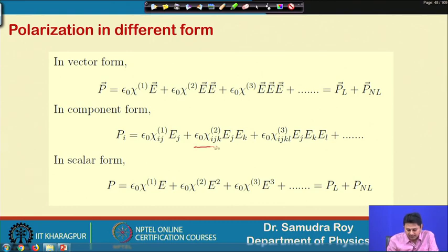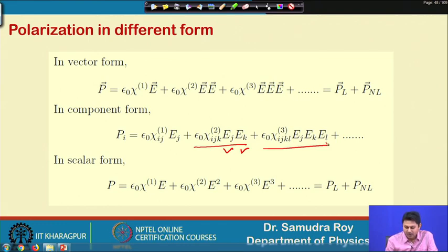In the second term, we have chi ijk. When it is ijk, it should be related to j and k, because it is a square term. So, two components should be involved. Then the third order effect, where we should have i, j, k and l also, because j, k, l all are there.